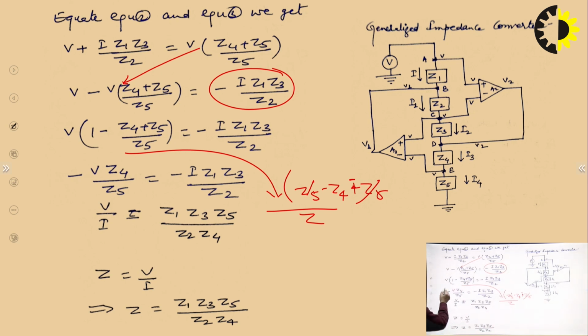So, this term will be modified as minus V Z4 upon Z5, which is equal to minus I Z1 Z3 upon Z2. So, from this minus minus will be cancelled out and V upon I is equal to Z1 Z3 Z5 upon Z2 Z4.